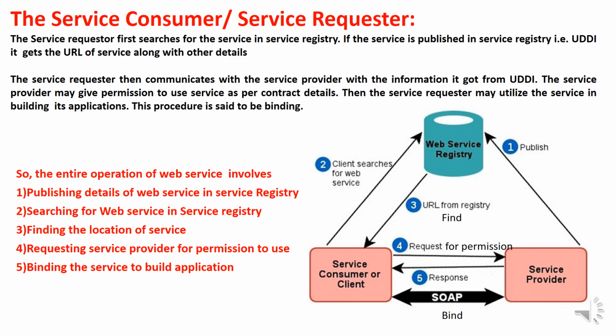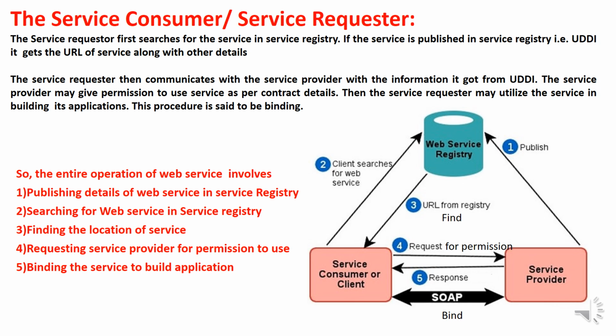The service requester then communicates with service provider with the information it got from UDDI, that is service registry. The service provider may give permission to use service as per the contract details. Then the service requester may utilize the service in building its applications. This procedure is said to be binding.